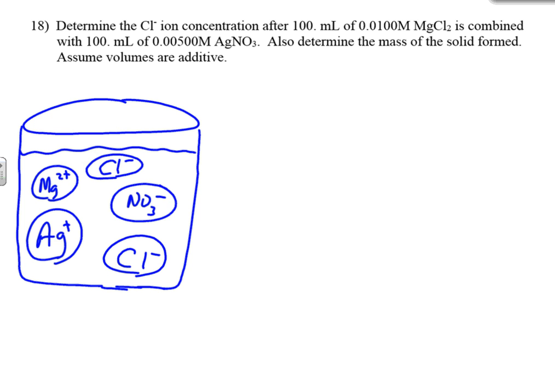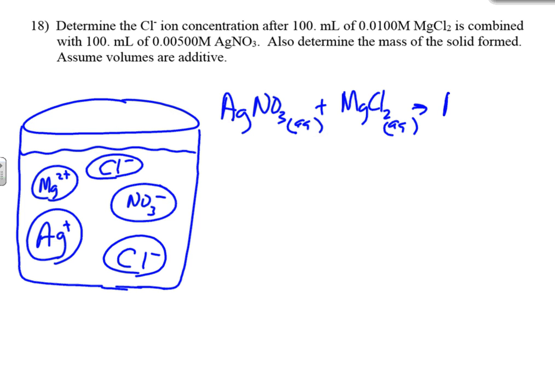So what's going to happen here? Well, hopefully we recognize that this is a double replacement reaction. So we've got the silver nitrate as one reactant, combining with the magnesium chloride as the other reactant. And so the solid that's going to form here, hopefully remember that nitrates are always soluble, so they're never going to form the precipitate.